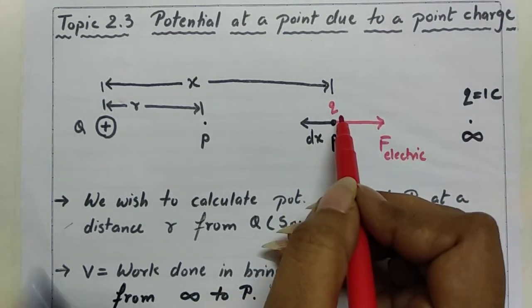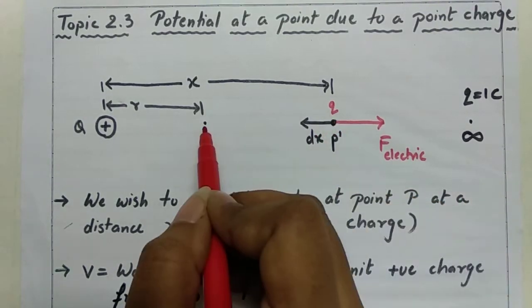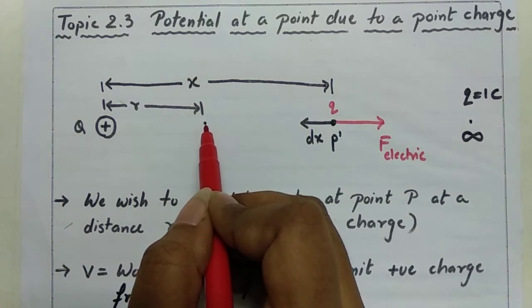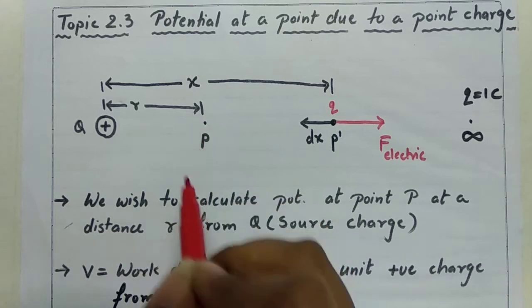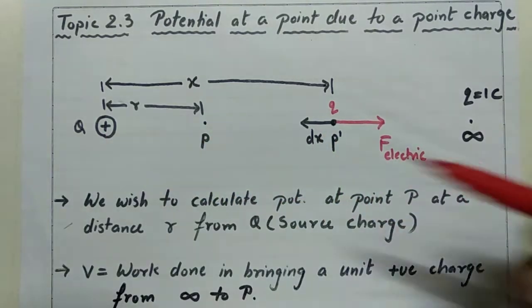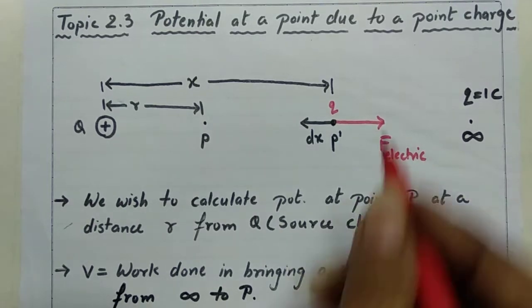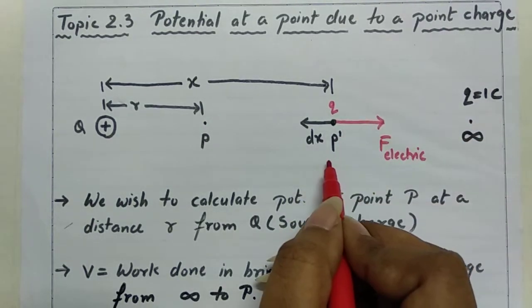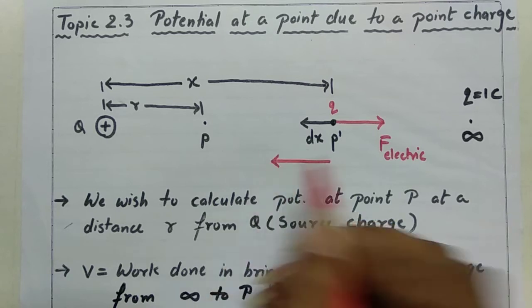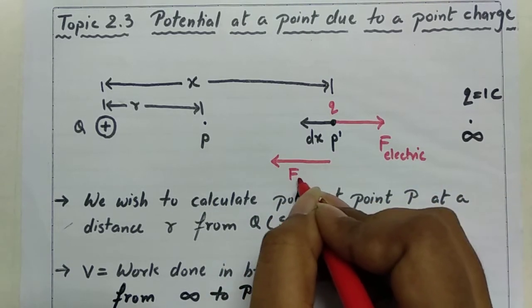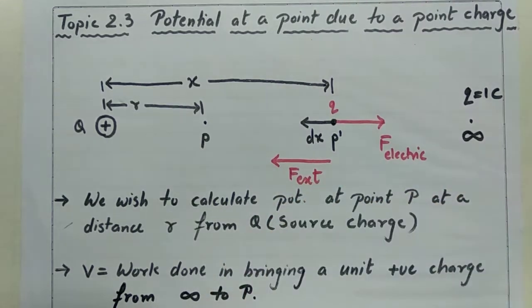Now I want to bring this unit charge to this point. For that, I'll have to apply some external force, and the direction of the external force will be opposite to the electric force. This will be F external.